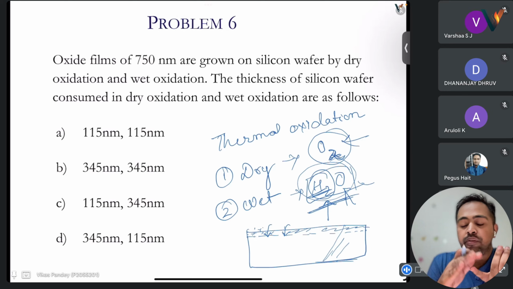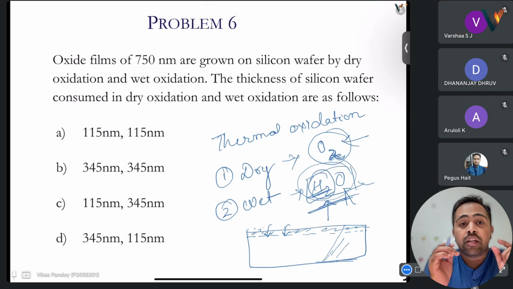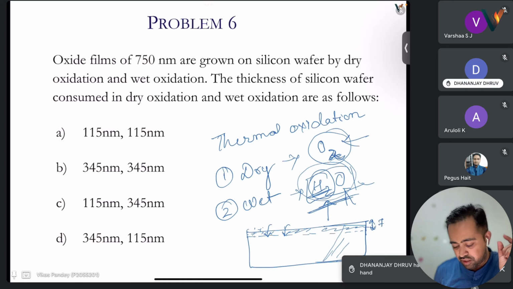If it is O2, it will be dry. If it is H2O, it will be wet. So in both cases, some part of silicon is utilized to make the silicon dioxide. So we have to get an oxide of 750.